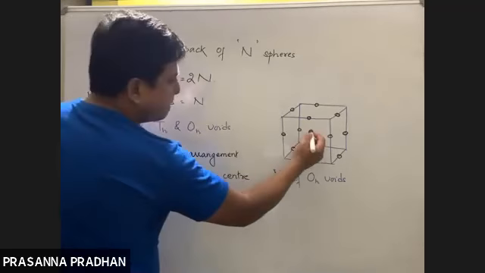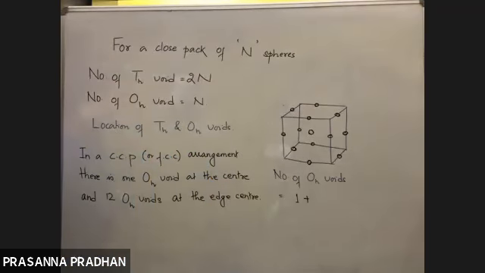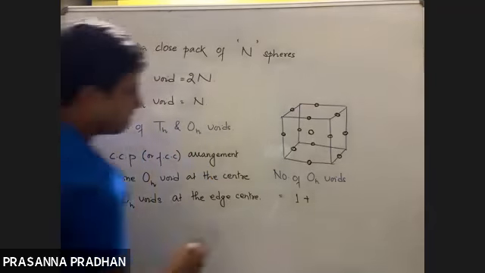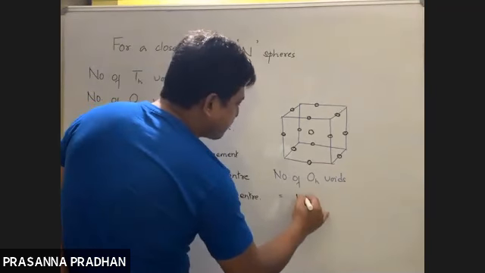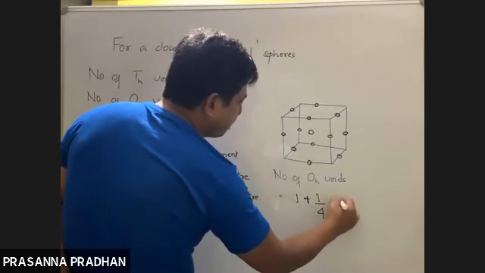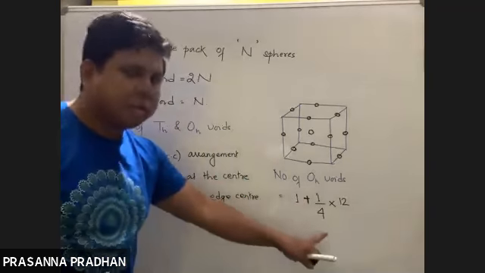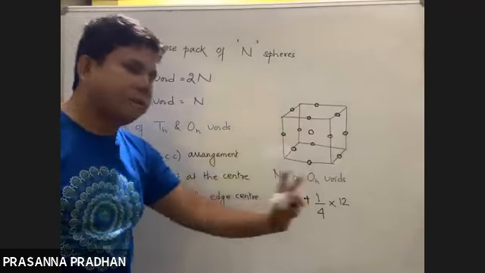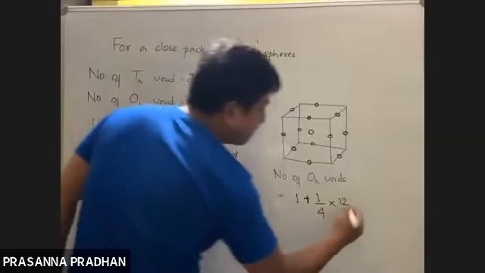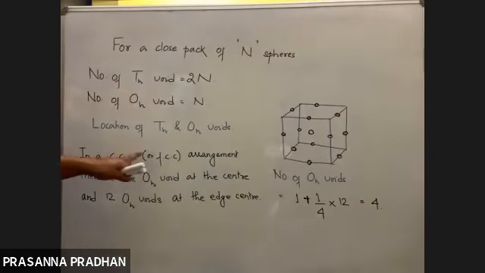Tell me, how much? One in the middle, so 1 plus 12 times the contribution of an edge, which is 1/4. The contribution of a particle at the edge is 1/4, so the contribution of a void there is also 1/4. How much does the number of octahedral voids come to? It comes to 4. So in FCC there are 4 particles per unit cell, and octahedral voids are also 4. For N spheres, there are N octahedral voids.